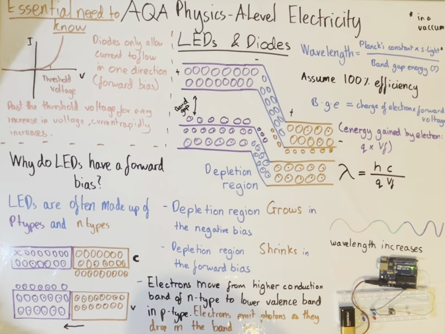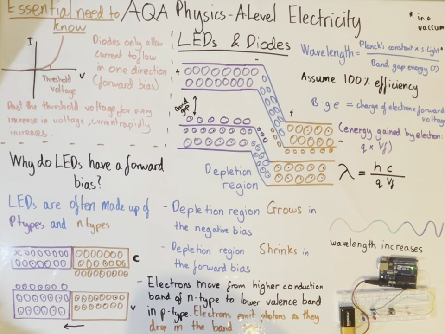So looking at this equation over here, our LEDs emit wavelengths, so they emit visible light. To determine what color they are, as we can see here, different wavelengths correspond to different colors.